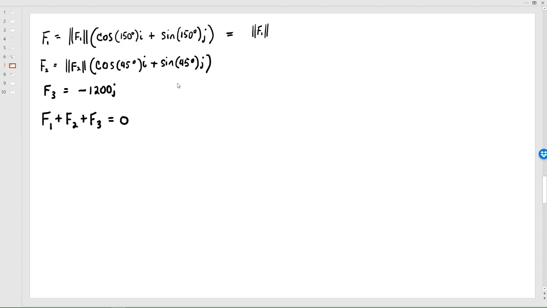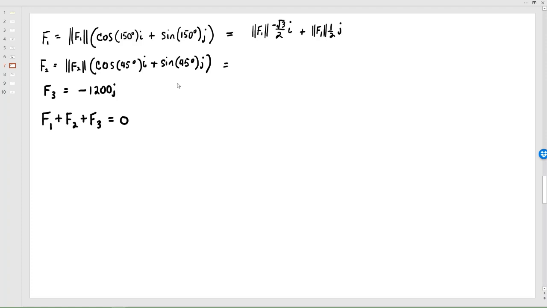So we're going to put negative square root of 3 over 2 times i. And then the sine of 150 degrees is 1/2. So we're going to distribute this to each term and write this as magnitude of F1 force times 1/2 j.